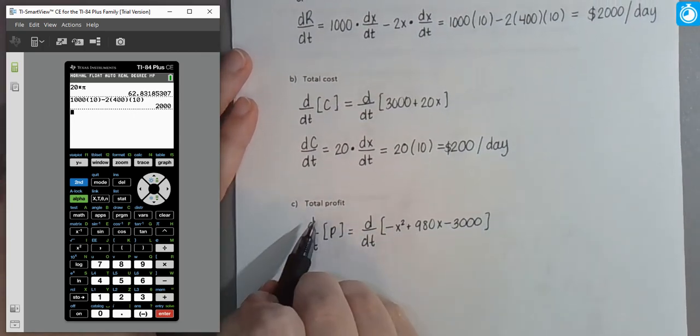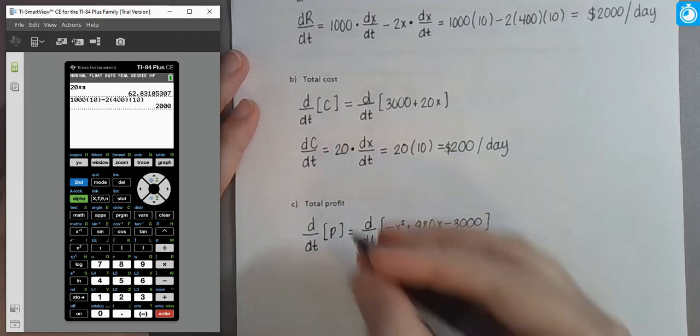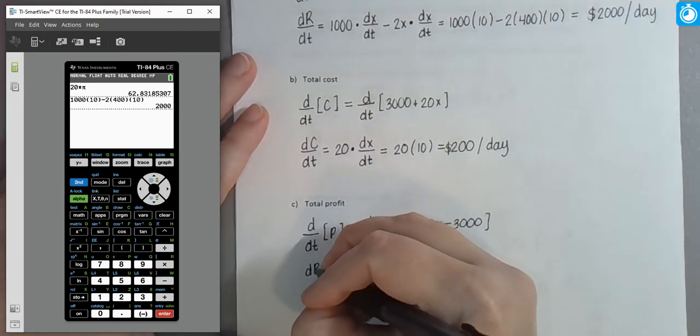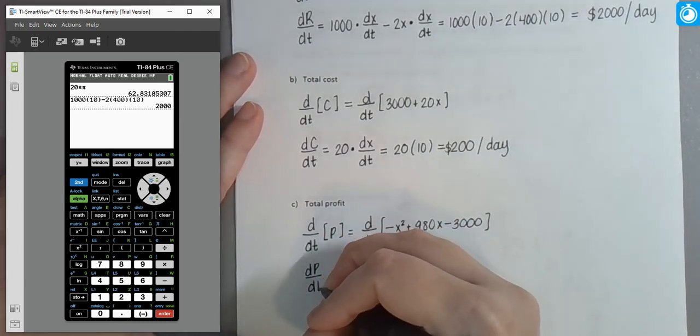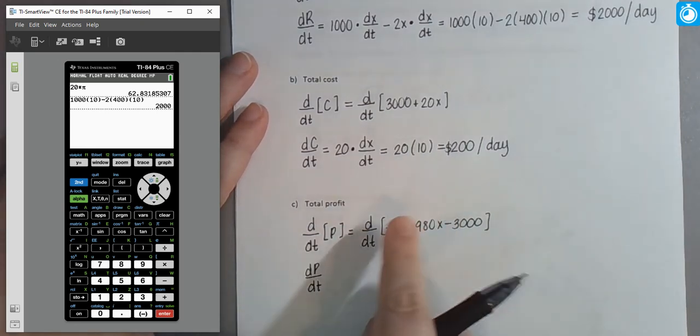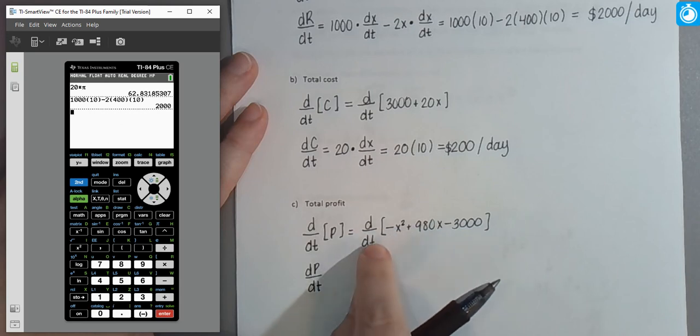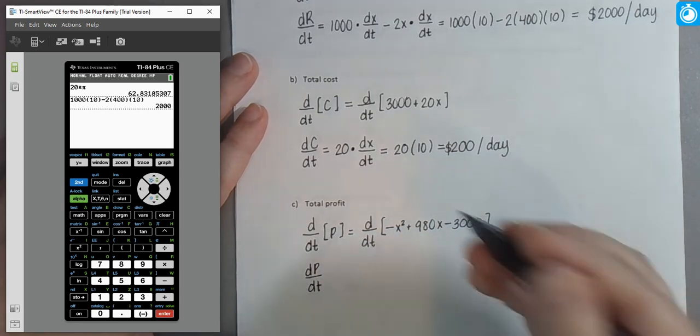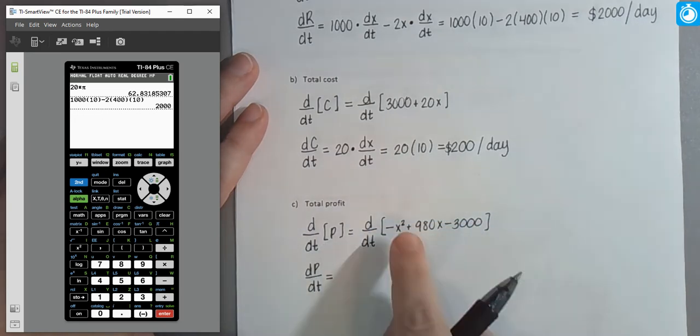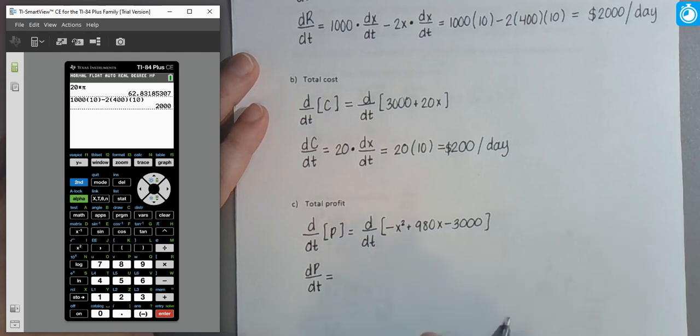Okay, so left-hand side, the derivative of profit with respect to t, which is our unknown, the rate of change of profit over time. And then we differentiate over here. Again, keep in mind, x is not the variable of differentiation. x is dependent upon the variable t. So differentiate each of these as normal and then multiply by the derivative of that inner function x.